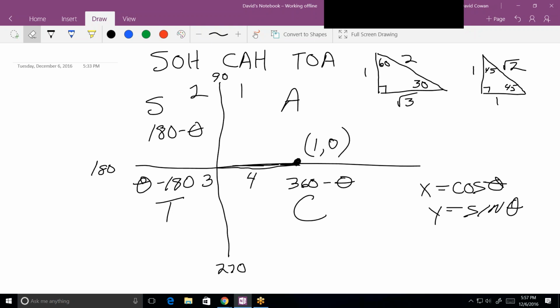Well, the 1 is the cosine of theta. So therefore, the cosine of 0 degrees must be 1. What's the sine of 0 degrees? No. The y-coordinate is the sine, the x-coordinate is the cosine.